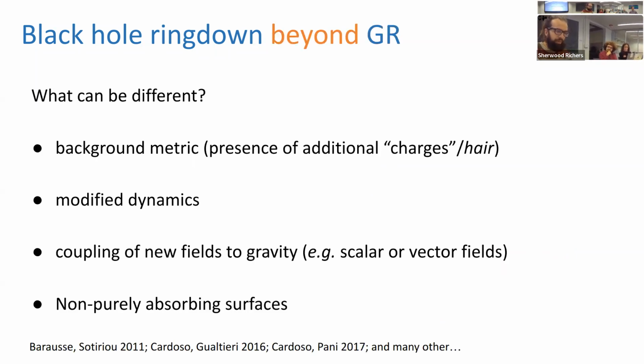The things that can be different beyond general relativity are, first of all, that the background metric might be different, might not be Schwarzschild or Kerr. So there is the presence of additional charges, or what is called hair. But then also the dynamics. The background metric can be the same, but the dynamics can be different.